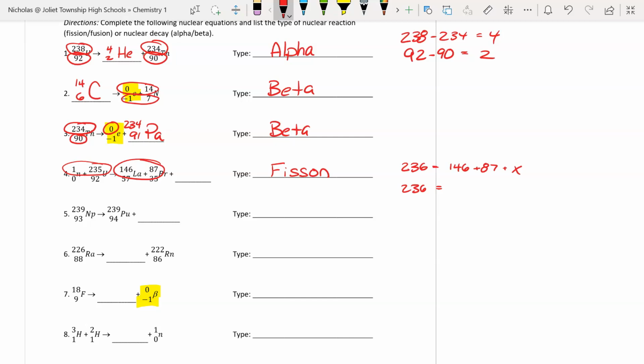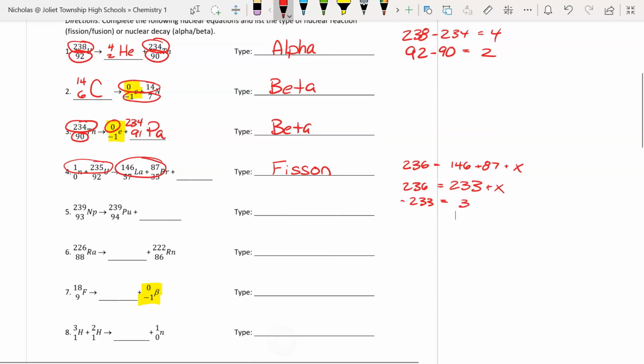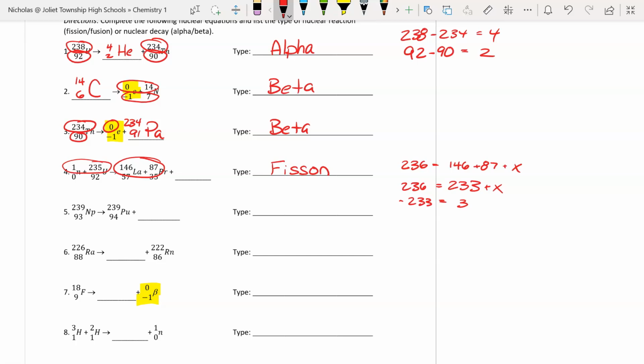So that's going to be, oops, I put that in wrong. 146 plus 87 is 233. Okay, so the difference between 236 and 233 is going to be 3, and that is going to be the neutrons that are left over.